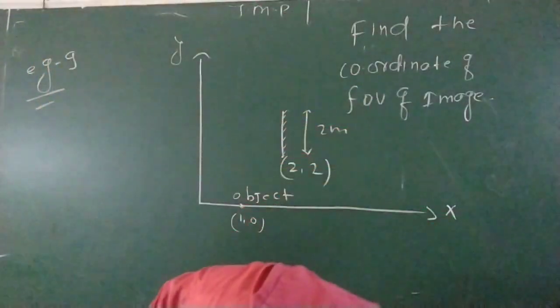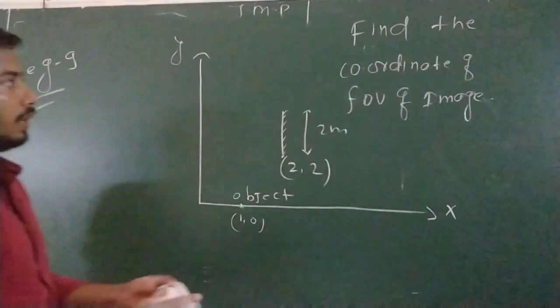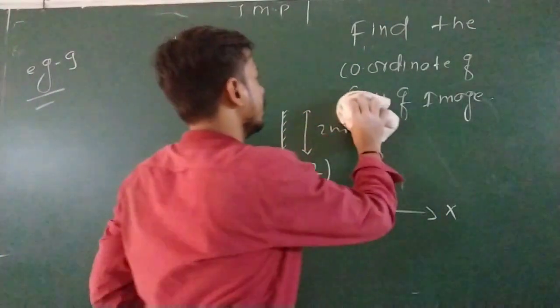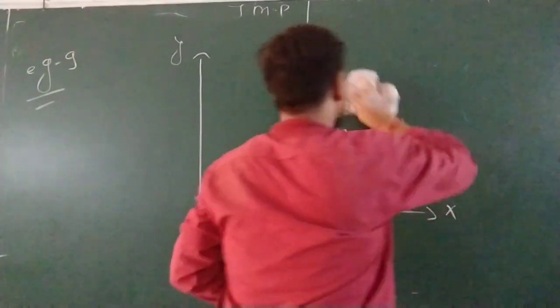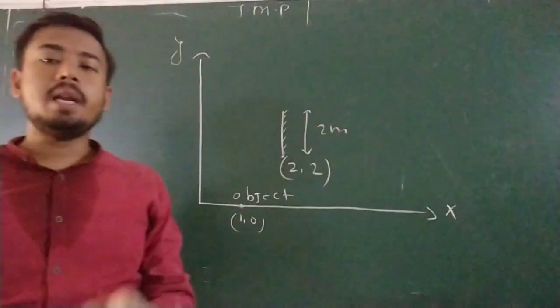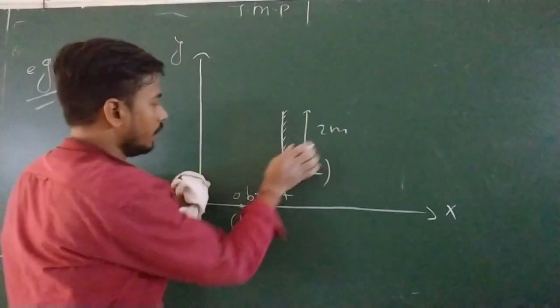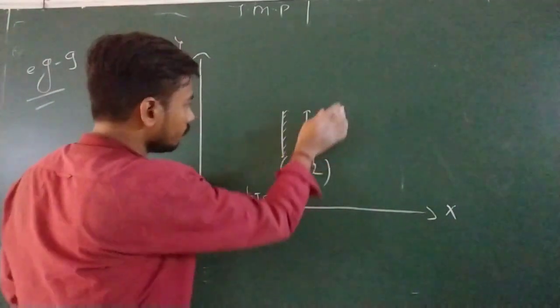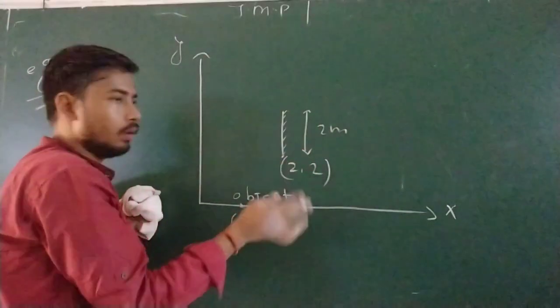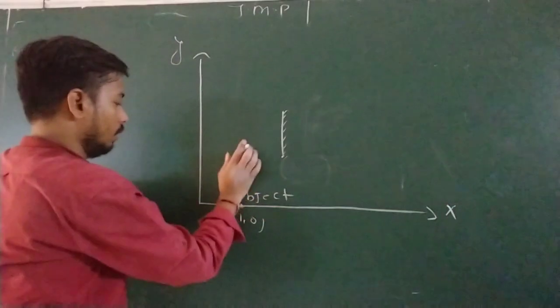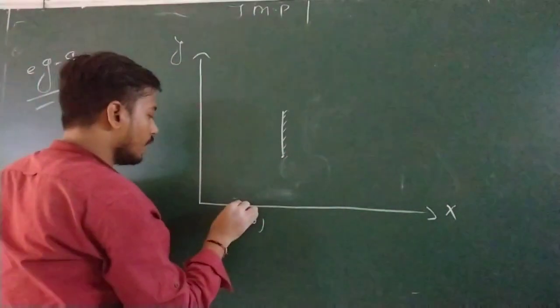Okay, it's very easy. So I am erasing this part. You got all these things. So what will be the extreme rays? First extreme ray will be, I am going to write this one also. Okay. See. This is the object.